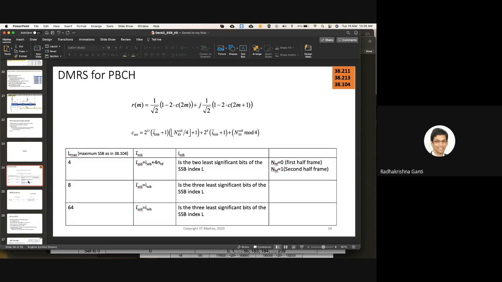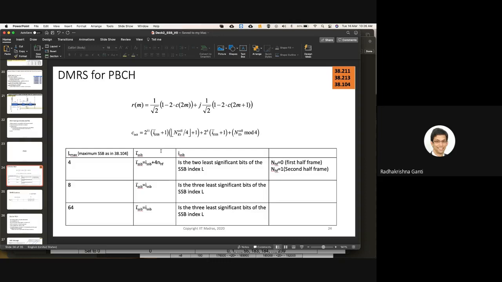So the first thing that happens is this ISSB. They encode this information, the SSB index, in a very weird manner. I'm going to explain how they encode that information.